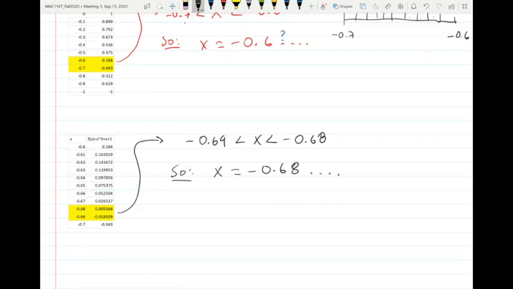As you can see, we're getting closer and closer to the solution. If you want more decimal places, now you understand what to do. You take this interval again, negative 0.69 and negative 0.68, split it into 10 pieces, and keep on doing this process until you're satisfied. Okay? All right.